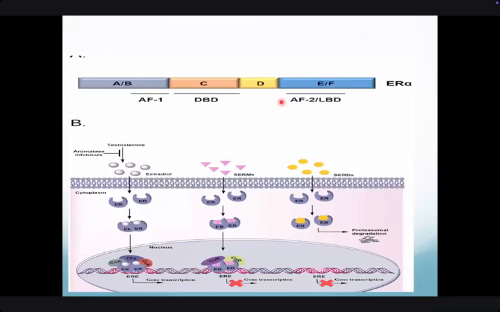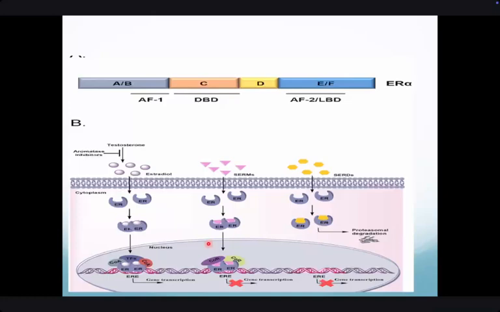The effects of the endocrine therapies on the estrogen receptor pathway, for example, the aromatase inhibitors, prevent the ER signaling by inhibiting the synthesis of estrogen, as you can see here. So it doesn't even get to bind to the estrogen receptors, so gene transcription does not happen.